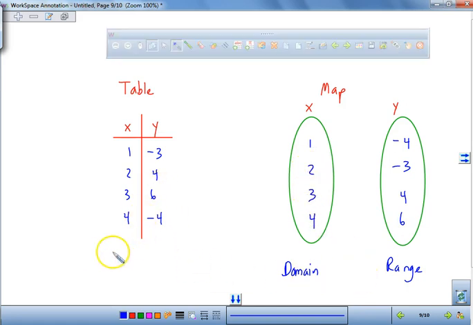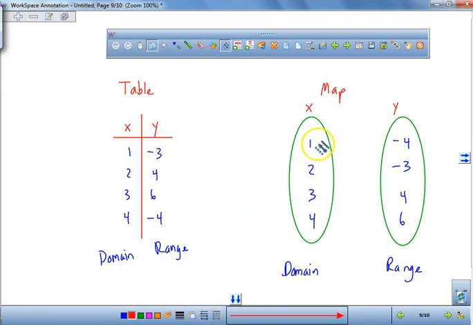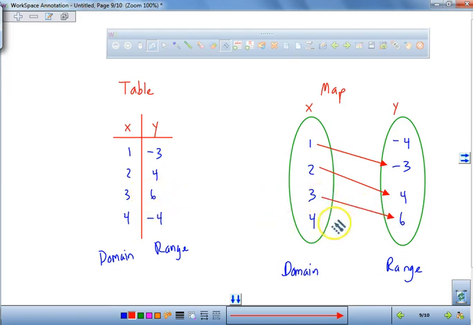So here, it's pretty easy. What's your domain? 1, 2, 3, 4. What's your range? -4, -3, 4, and 6. But when you're doing a map, you have to understand that 1 goes with -3, 2 goes with 4, 3 goes with 6, and 4 goes with -4.